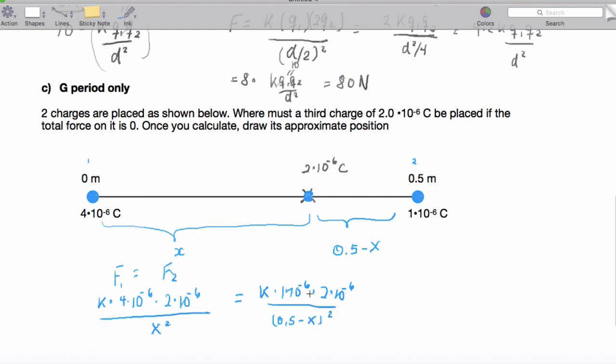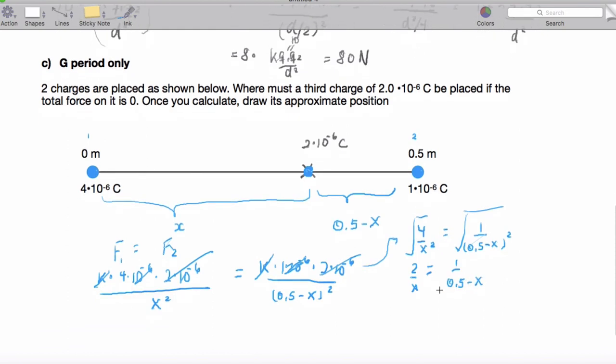Now let's cancel what we can cancel. The k's cancel, 2 times 10 to the negative 6 cancels, and this 10 to the negative 6th here cancels. So we get a simplified fraction that looks like 4 over x squared equals 1 over 0.5 minus x quantity squared. Let's actually root both sides. We're going to get 2 over x equals 1 over 0.5 minus x.